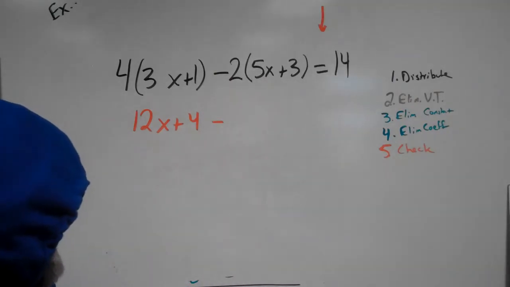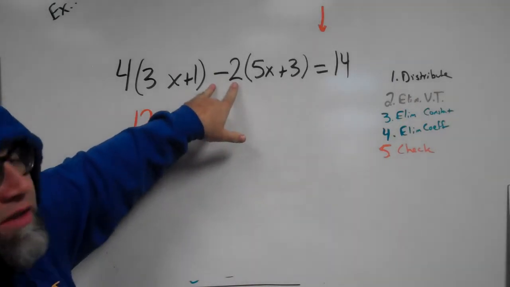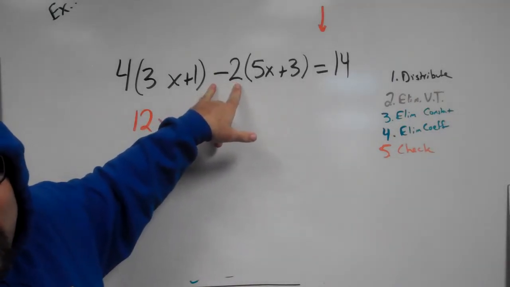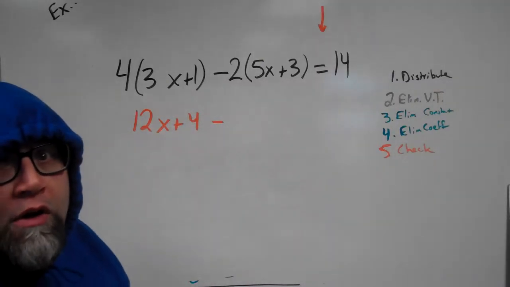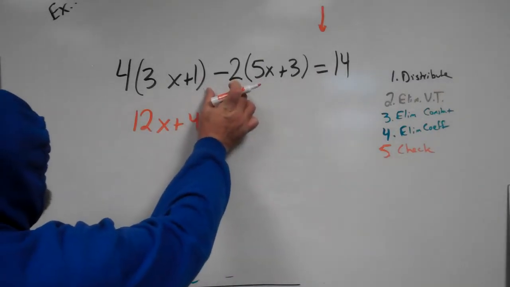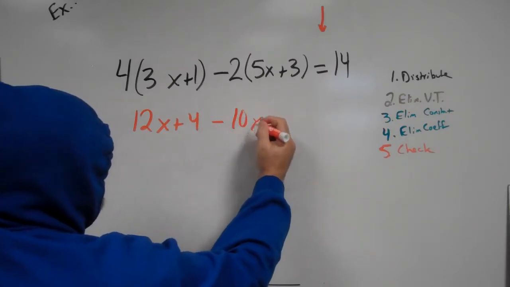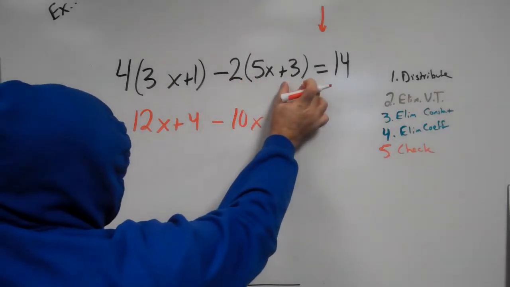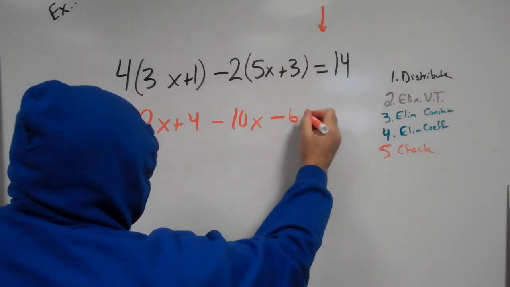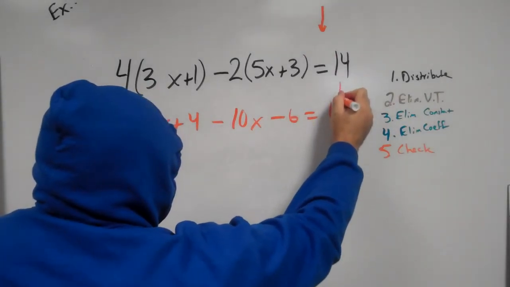So when I take this down, it says it wants us to distribute -2 to everything. Okay, so -2 times 5x is -10x. -2 times +3 is -6. And my 14 just travels down.